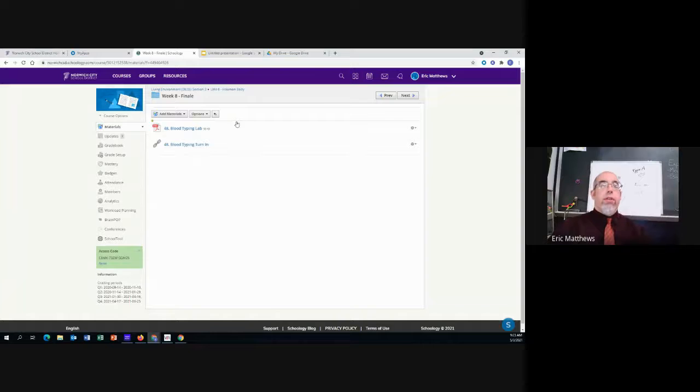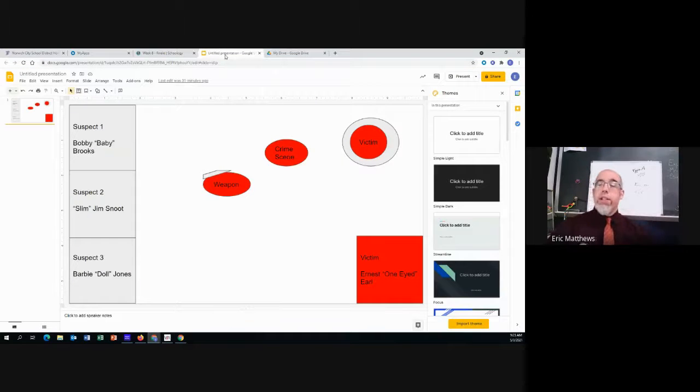So here's the deal, all right, artist's rendition here. We found a trash can, and inside that trash can was the body of a victim, Ernest Earl. Now, we also found a knife with blood on it, and we also found some crime scene blood.